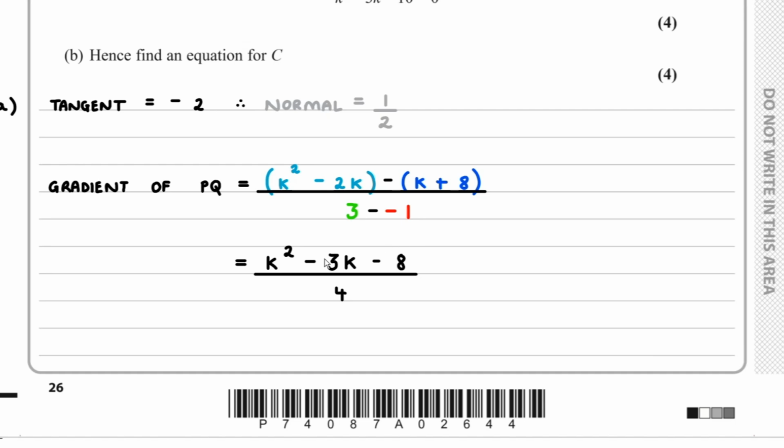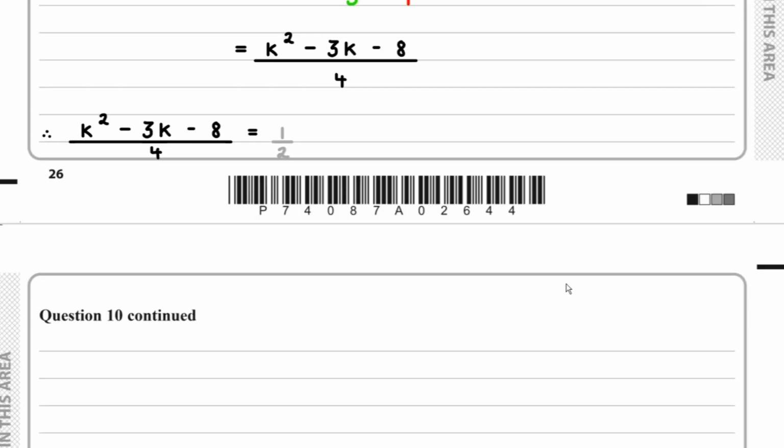And what we can do then is set this equal to the normal. So we have k squared subtract 3k subtract 8 over 4 equals 1/2. And if I multiply both sides by 4, well, 4 times a half is 2, and if I subtract that from both sides, we end up with k squared subtract 3k subtract 10 equals 0.